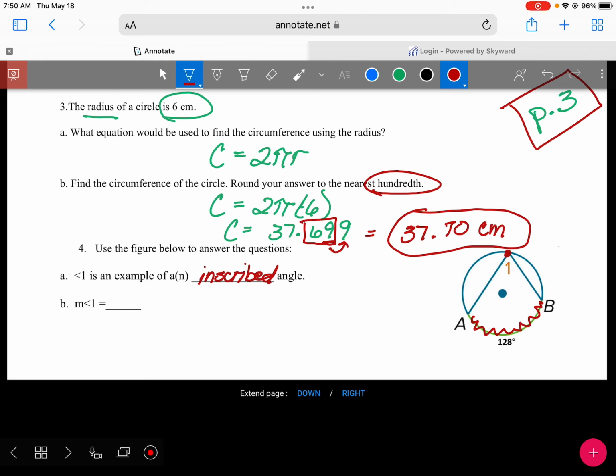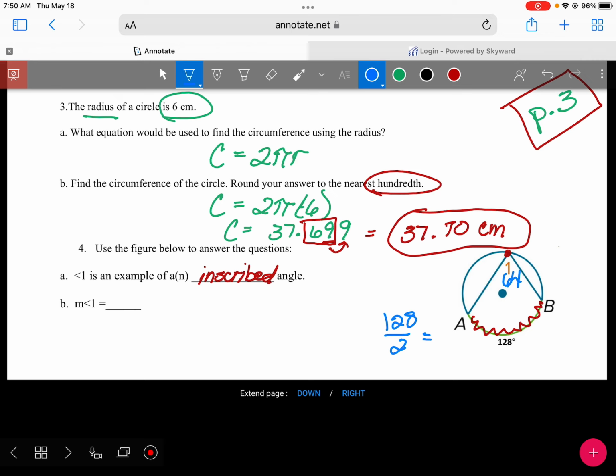So when you have an inscribed angle, it is going to be half of the arc degree. So either half of 128 gives you 64, or you can say 128 divided by 2 equals 64.